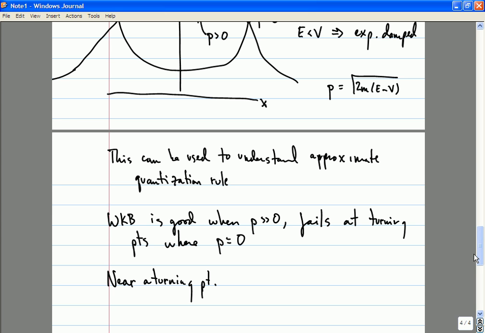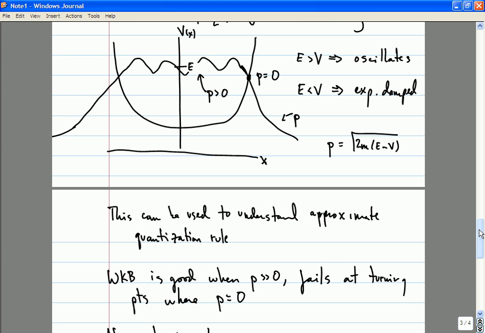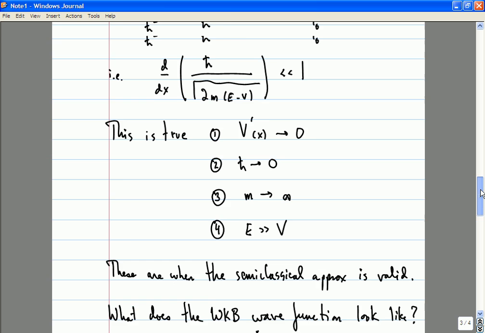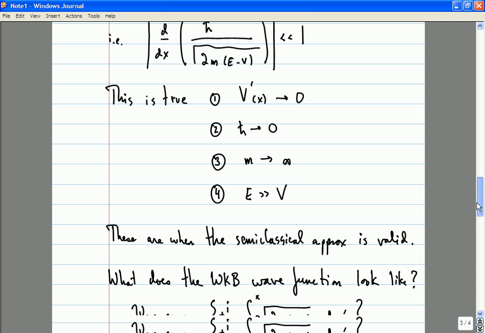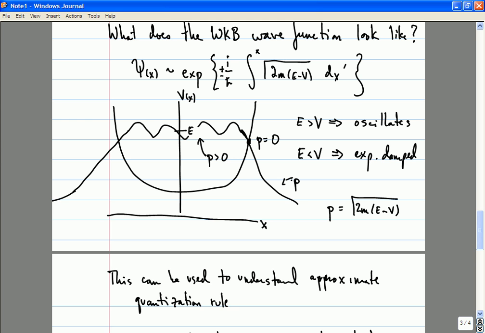Well, when I look at an approximation like this, what I really care about is the absolute value of p. Down here, p is large and imaginary, but the absolute value of p is much bigger than 0. So we expect that the WKB approximation should be good deep, well inside.